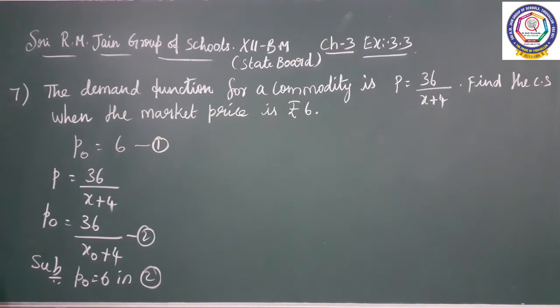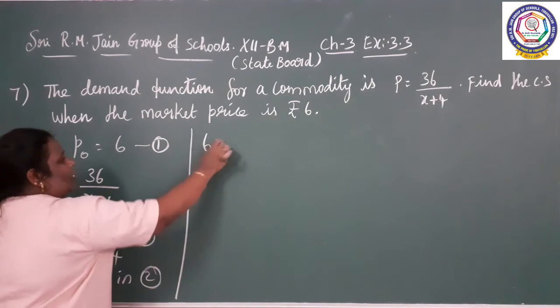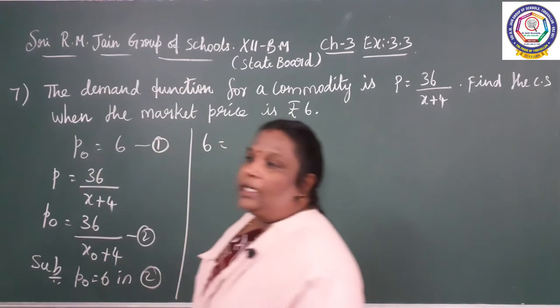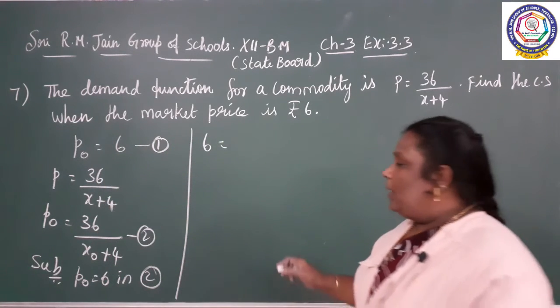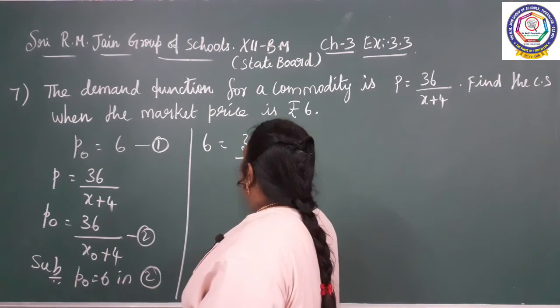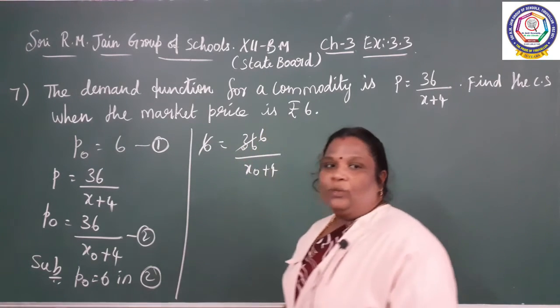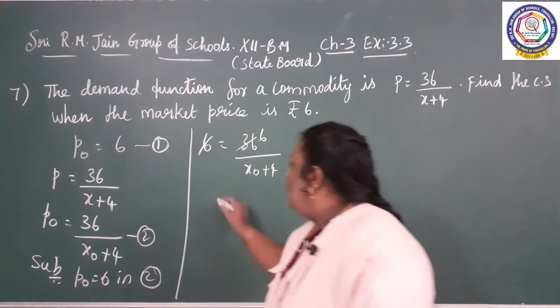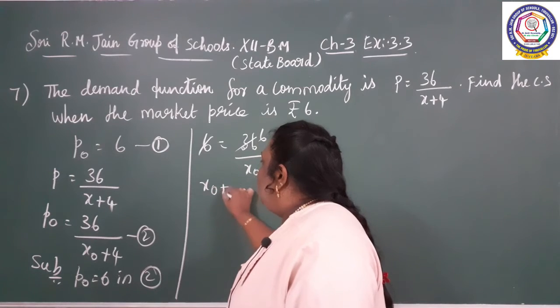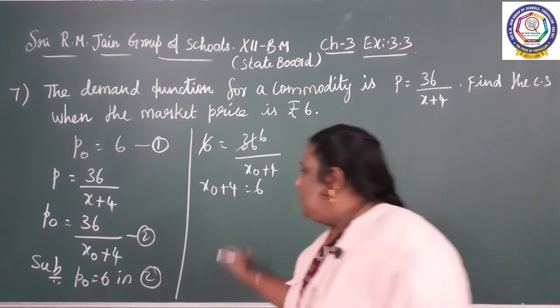What is the value we are getting? 6 equal to 36 by x naught plus 4. 6 times x naught plus 4 equal to 36, so x naught plus 4 equal to 6. What is the value of x naught?